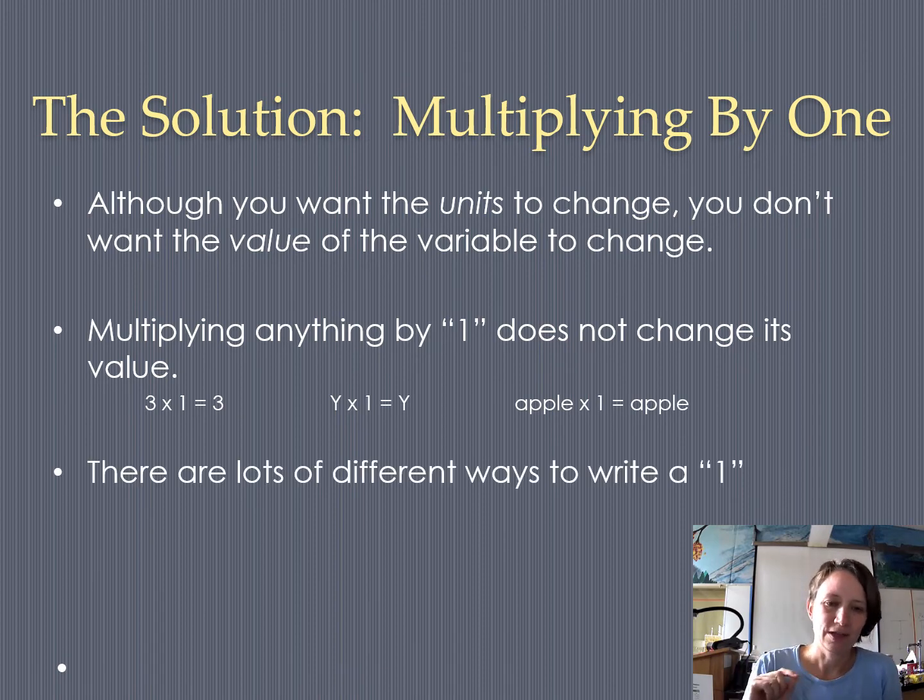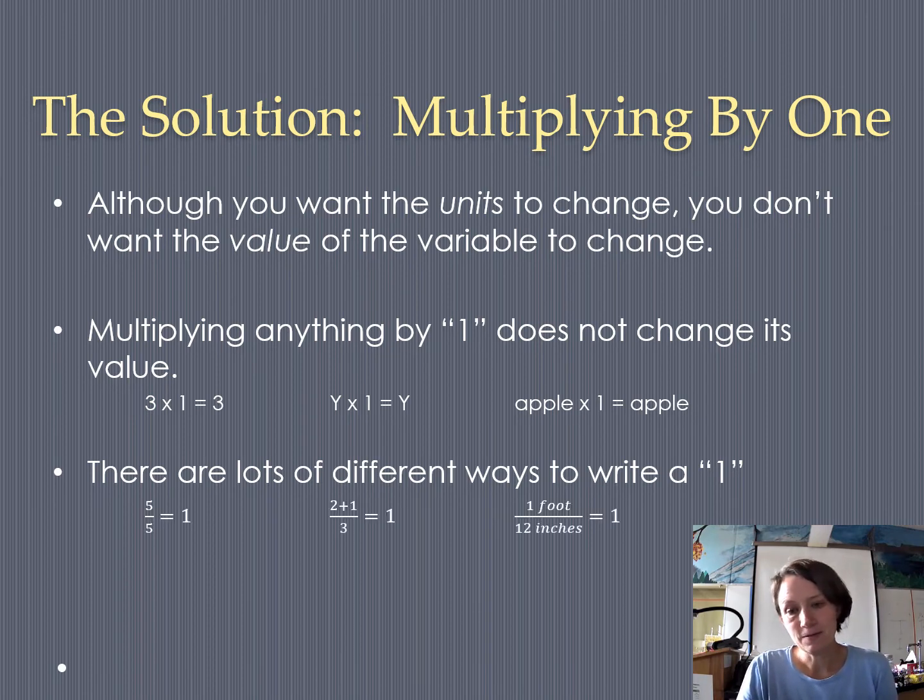The tricky part is that we're not going to write a 1 like a normal 1. We're going to write the 1 in a different way. There are lots of different ways to write the number 1. For example, 5 over 5 is equal to 1. So 5 over 5 is another way of writing 1. (2 plus 1) over 3 is also equal to 1. What we're going to be doing is writing a 1 in a way that includes units in our values.